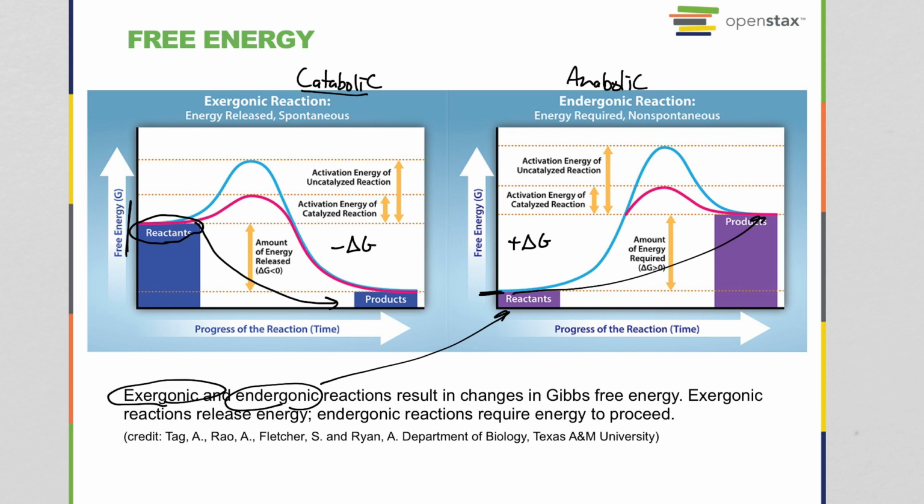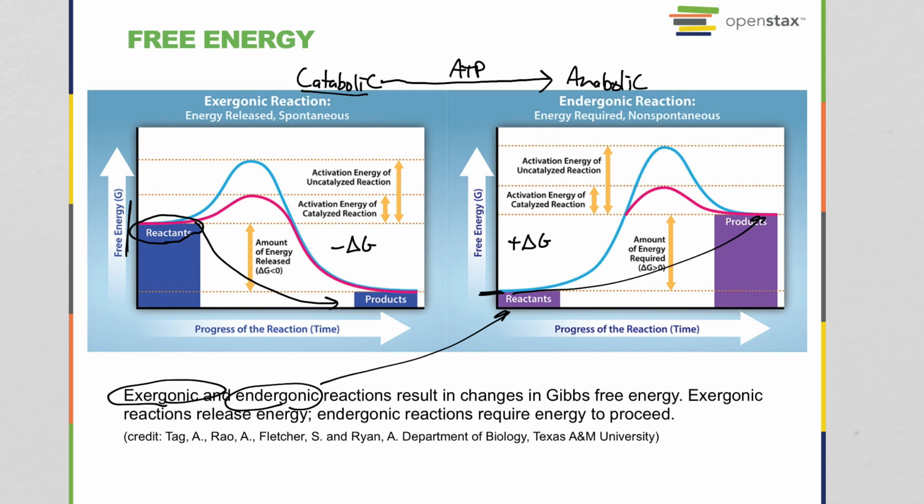So we take in energy in the form of food and calories, go through catabolic reactions, converting to ATP along the way, and then use that ATP to fuel these anabolic reactions that require energy input.